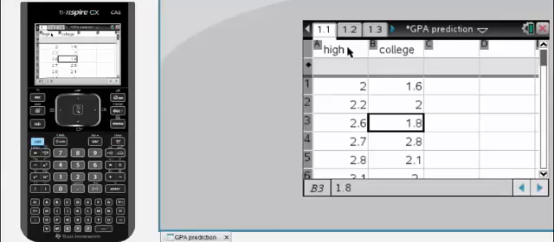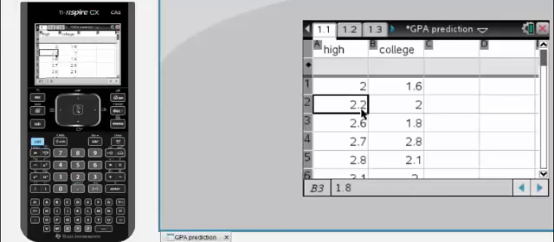I put my high school GPAs here and my college GPAs here, because my explanatory variable is what you're trying to see can predict what's going to happen for the people in college. The response is the predicted value over here of what's going to happen in college.